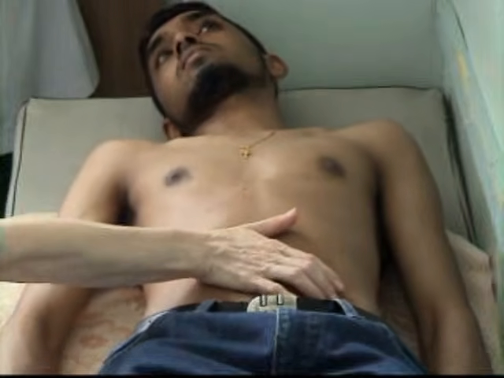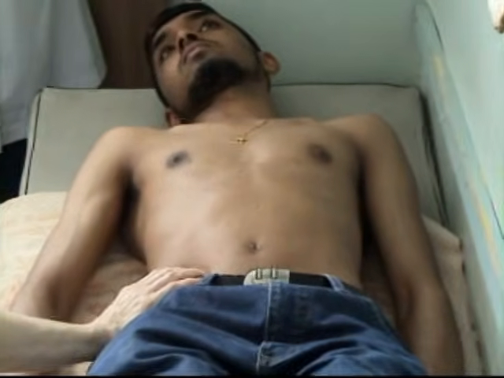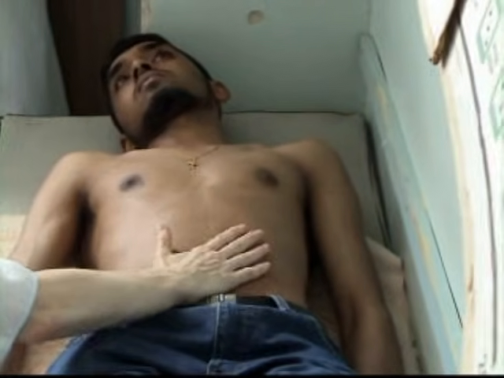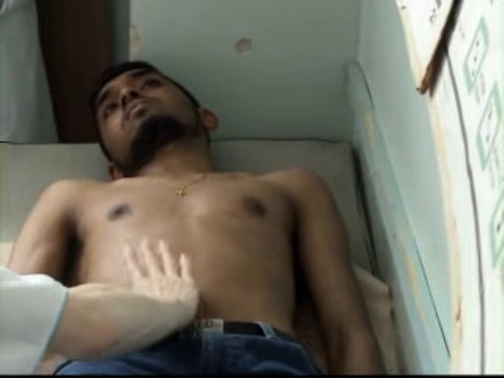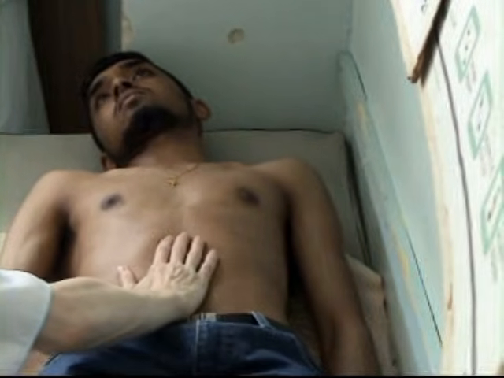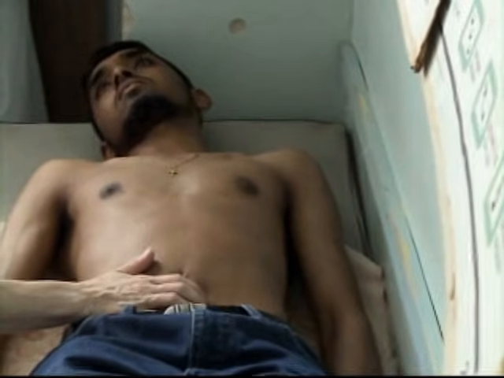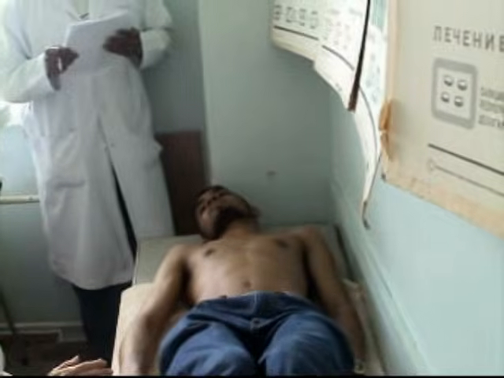First the left iliac inguinal region, then right iliac inguinal region, left lateral side, right lateral side, left hypochondrium, right hypochondrium, epigastrium, umbilical and suprapubic. Our conclusion: abdomen is soft, painless, without hernia and tumor.